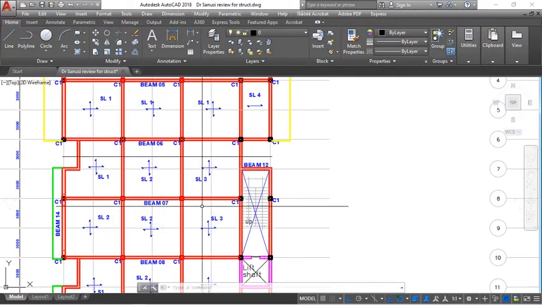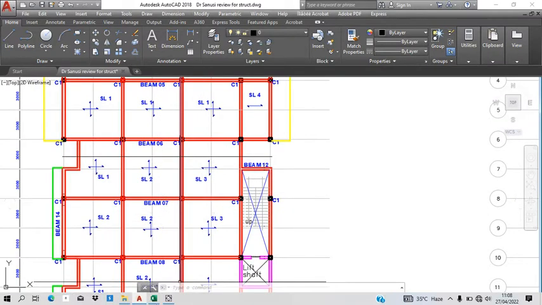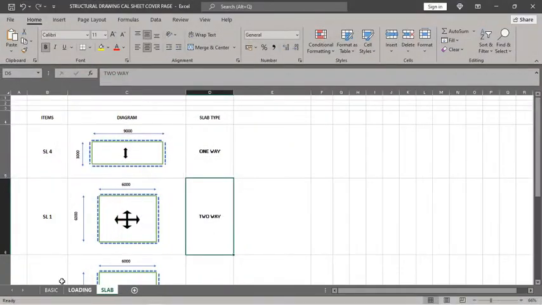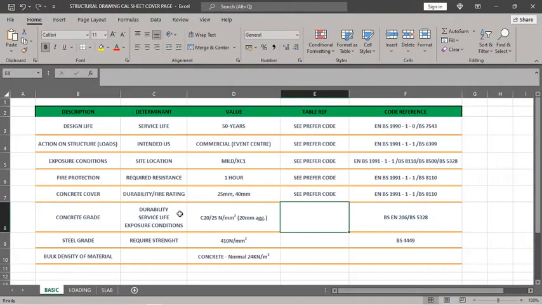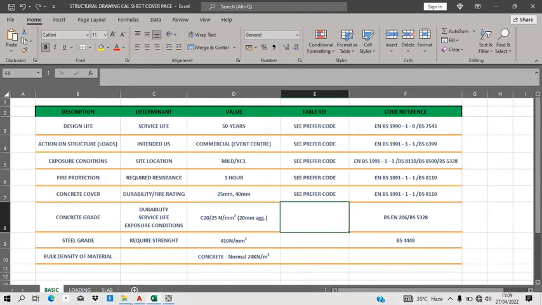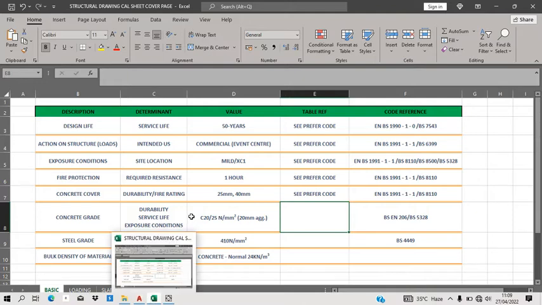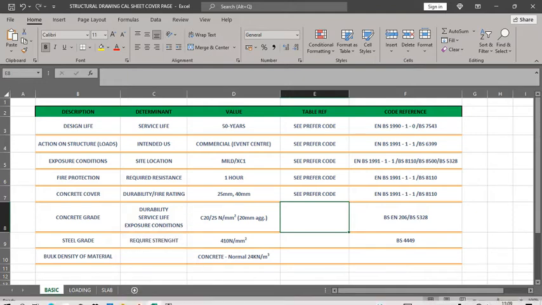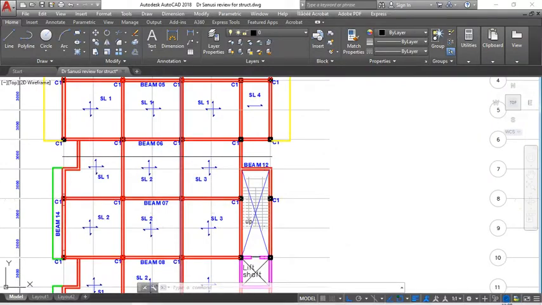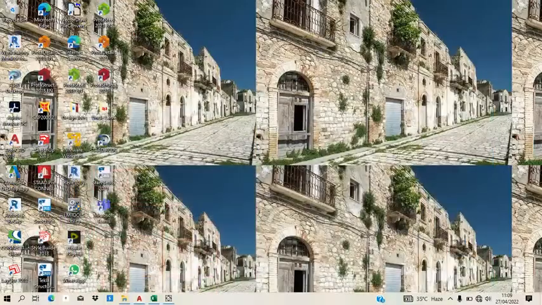Now, generally, before you start your design, there are some information that you need to have. I have also took the liberty. Now, this is the basic info. The advent of software had made it in such a way that most of all these things, we tend to neglect them, and we just jump into the software and start modeling.